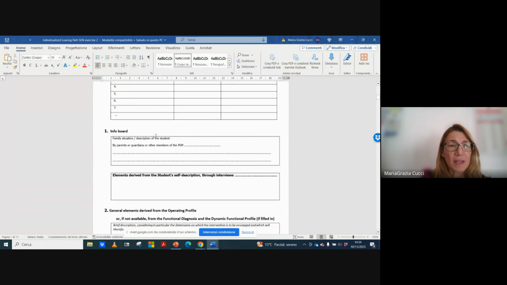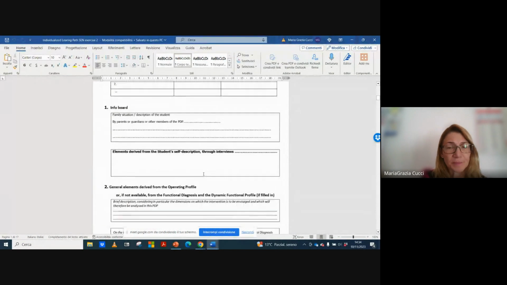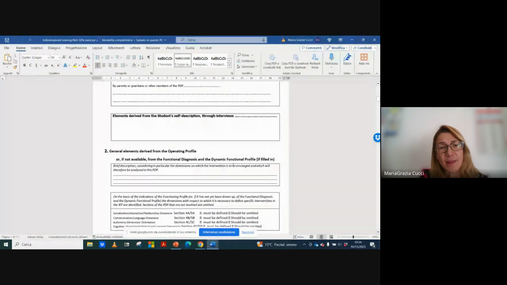So we can complete the so-called info board with a description of the situation. It can also be a self-description. Then, starting from that, we can put some evidences starting from the functional diagnosis or the dynamic functional profile that is presented by the family.